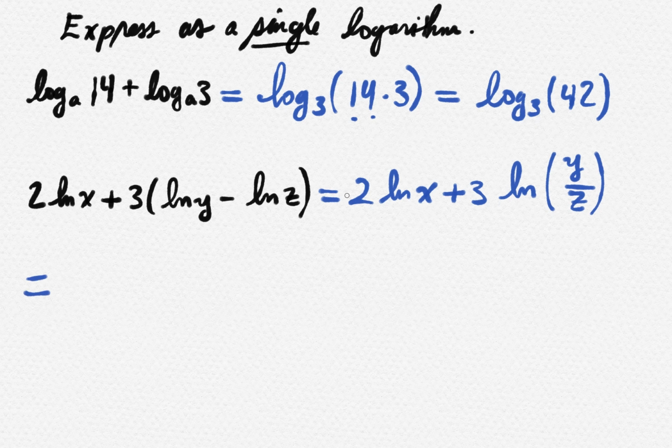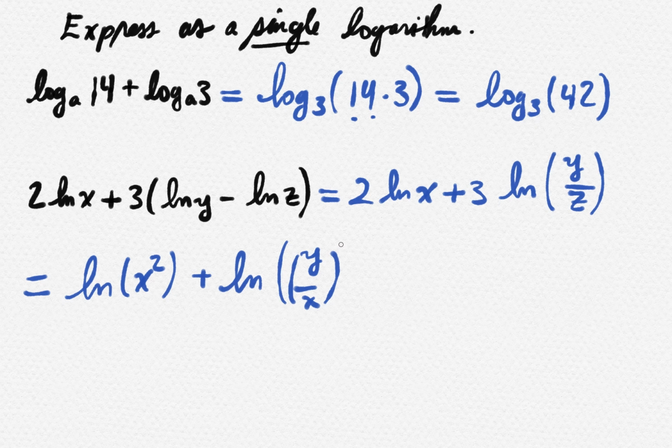So far, so good. Now we can use the opposite of the power property to put these coefficients inside as powers. So we're going to have log of x squared and then plus log of y over z, that quantity cubed.